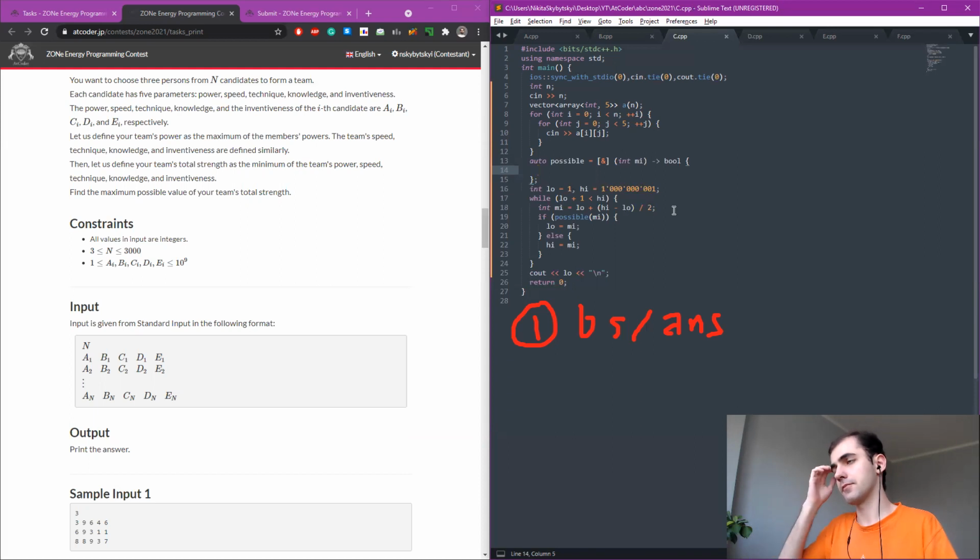Okay, so I will compress masks into integers and put them in a set. So masks.